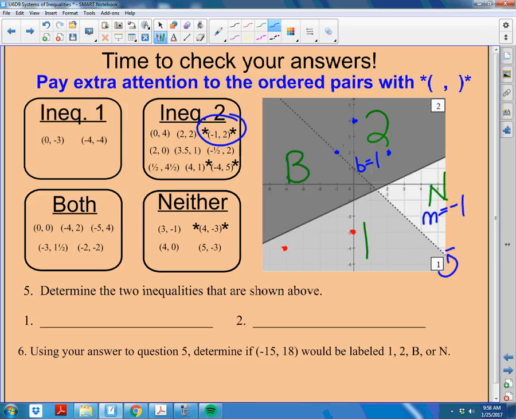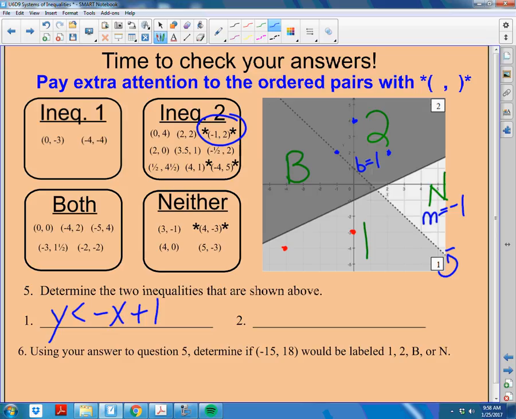Is it shaded above or below that line? It is shaded below the line. Does everyone see on this dotted line that it is shaded below the line? Therefore, we would write y is less than -x, or -1x, plus 1, right?